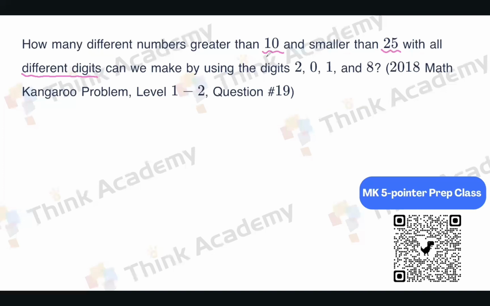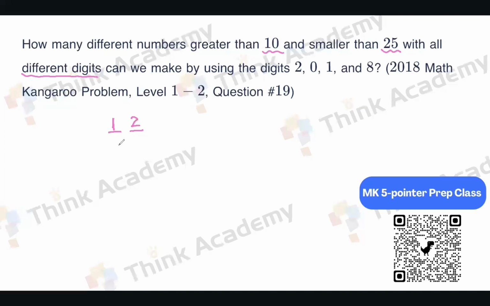Since it needs to be greater than 10, what will be the 10th digit here, everyone? Can I do 0? No, so it must be 1, right? And since the number needs to have different digits, what about the options for the 1st digit? It can only be 2. It cannot be 0 because it is not greater than 10, right?